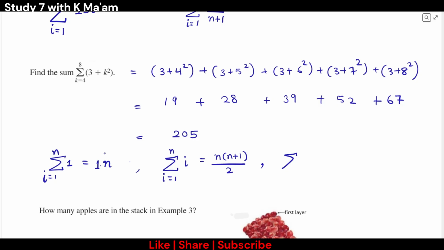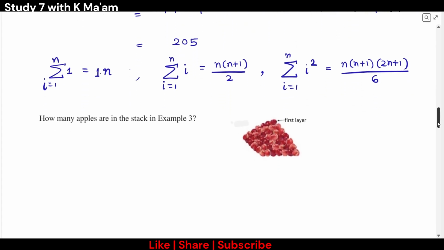The next, if the terms are squares and we are adding 1 square, 2 square, 3 square up to n square, the addition will be n times n plus 1 times 2n plus 1 over 6. Then we are writing the formulas.